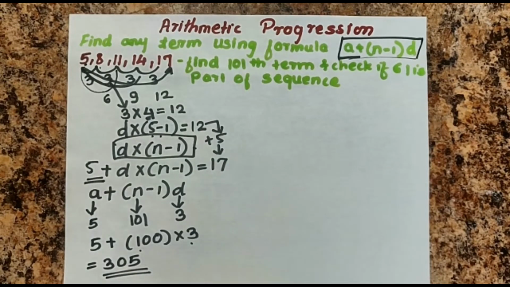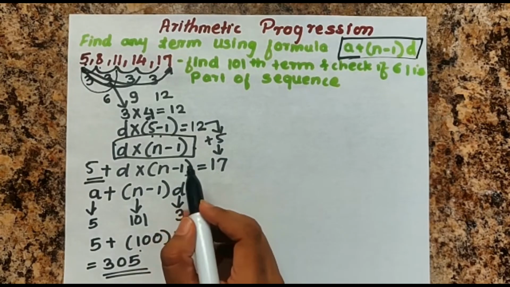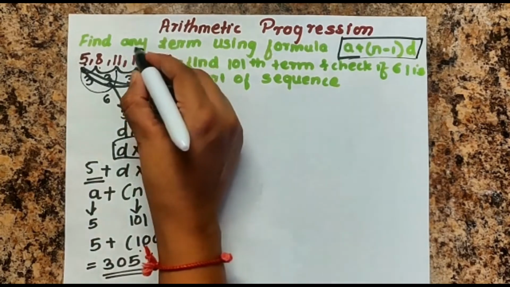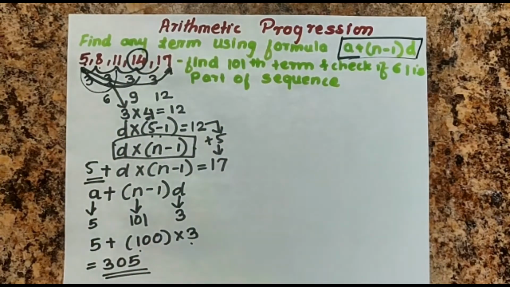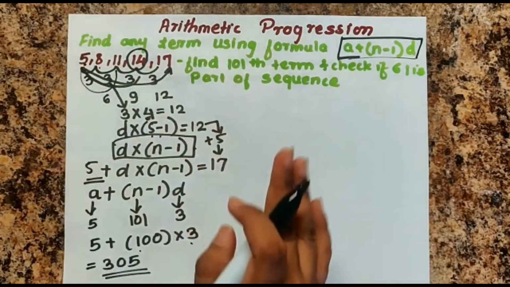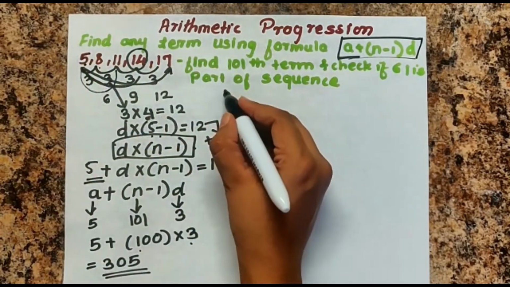If you want to check whether you have used the correct formula or not, take any number you know, for example 14. Which term is 14? 1, 2, 3 and 4. Fourth term. So you have to find the fourth term.